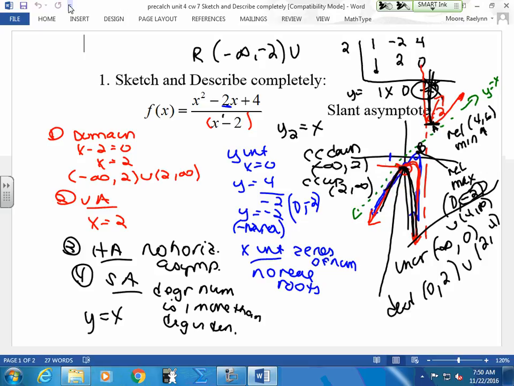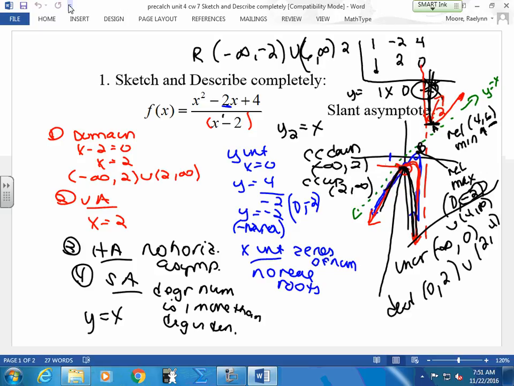Where did I restart my range? 6 to infinity. Like I said, you might have to do your range last, because your range is a little bit difficult. We'll get to that. We'll get different pieces of information, and we'll have to make an equation. But one step at a time.